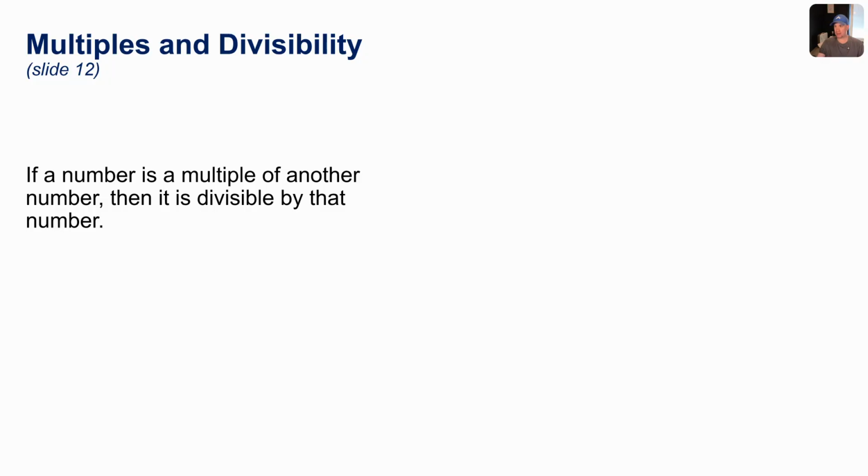So as I noted in those statements previously, if I type this out, we would say 375 is a multiple of 5. What this means then is 375 is divisible by 5. We could basically write two different facts from this.